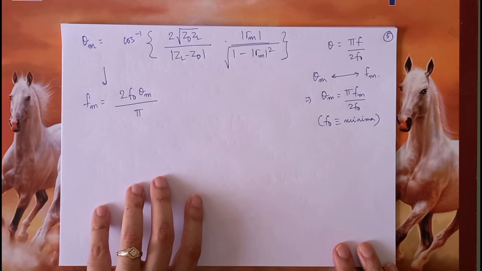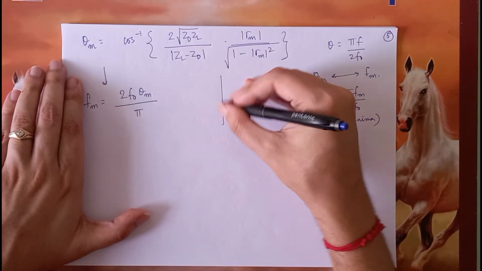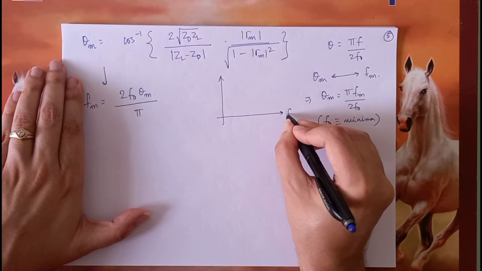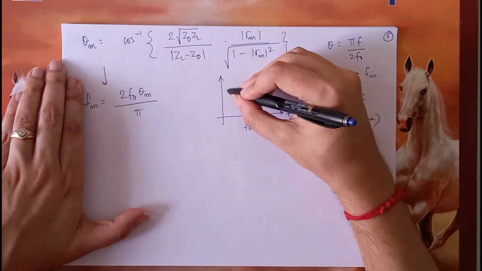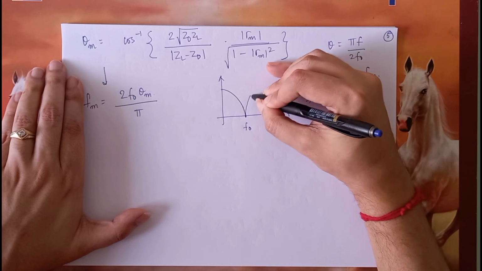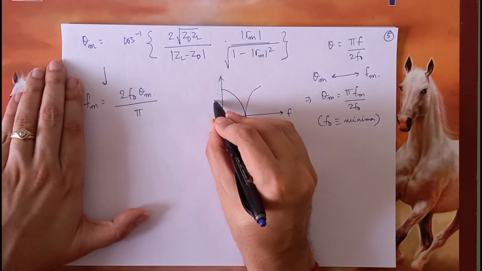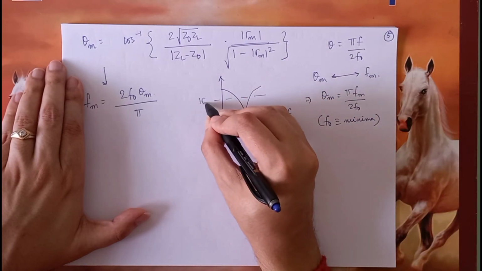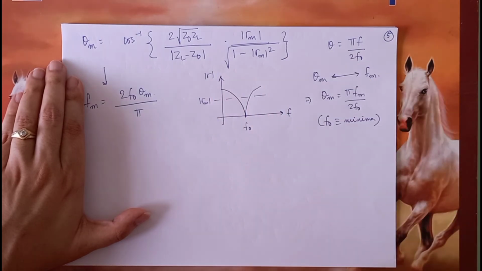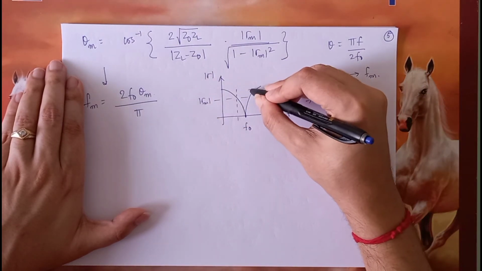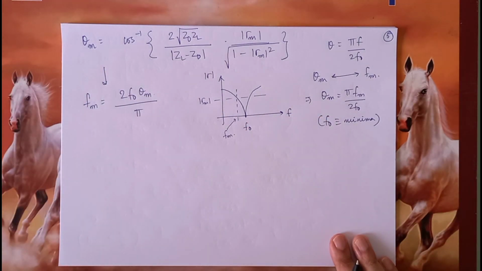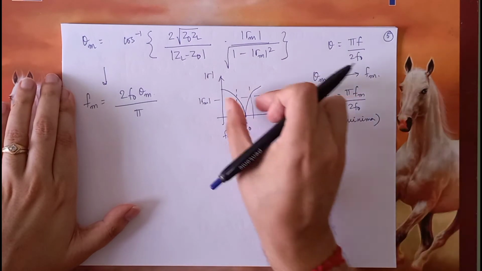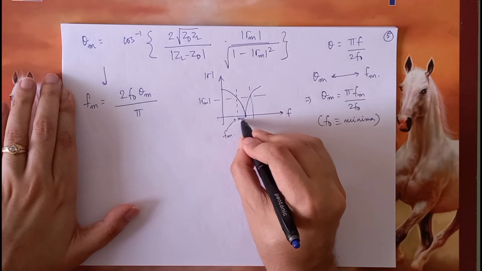So therefore, in terms of frequency, when we are plotting the absolute frequency, the minima happens at f0, something like this. So if this is gamma m or mod gamma m, this point is fm. So therefore, the net bandwidth is essentially twice this difference.